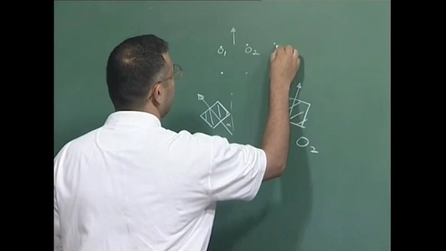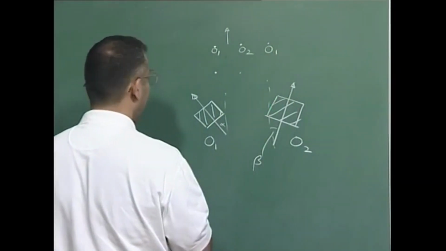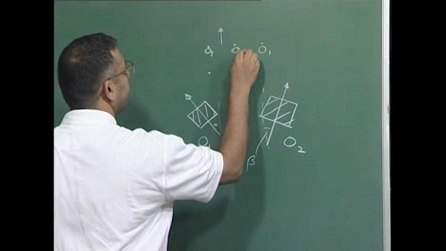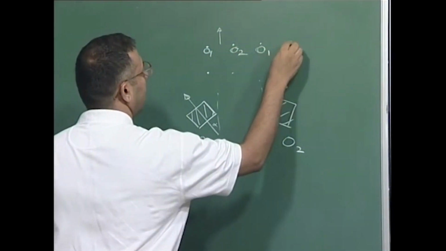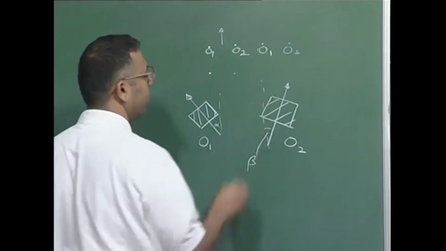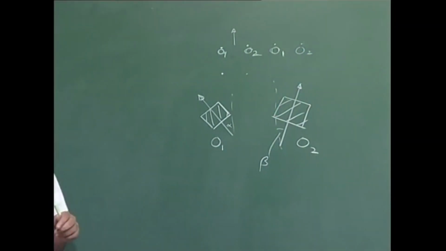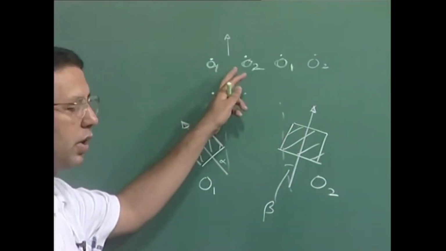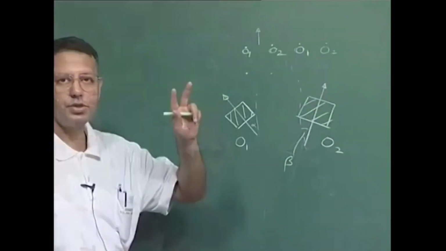At the third lattice point again I will put orientation 1, maybe I will write with a different colored chalk for better visibility, and the next lattice point I will go to orientation 2. But at every lattice point I have only 2 orientations. In other words, as I move from one lattice point to the other, I just change the orientation.